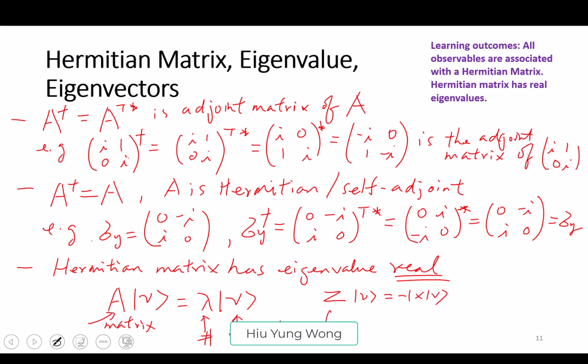And Z is what we talked about earlier, the Z gate. It times 0, 1 equals negative 0, 1. You can see that, and this is like negative 1 times 0, 1. So the eigenvector here is 0, 1, and the eigenvalue here is negative 1.